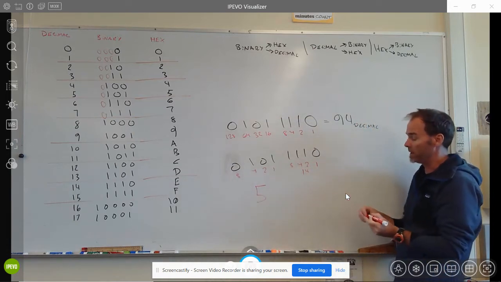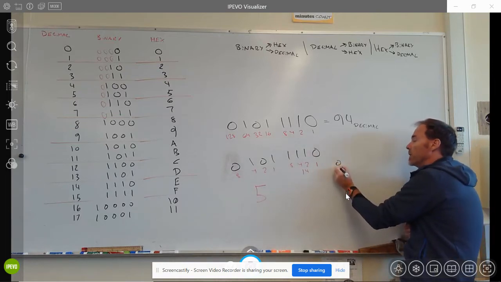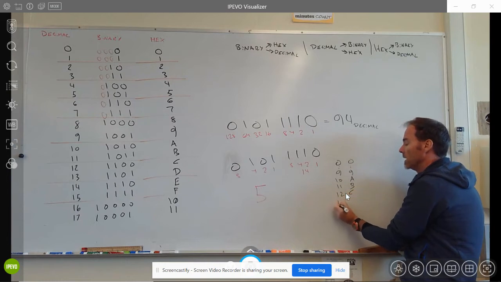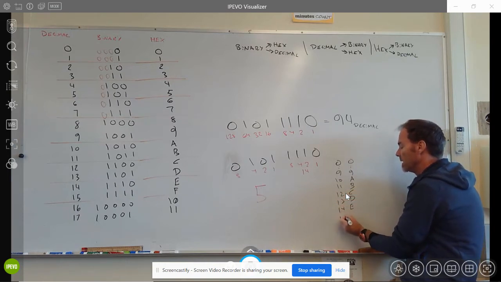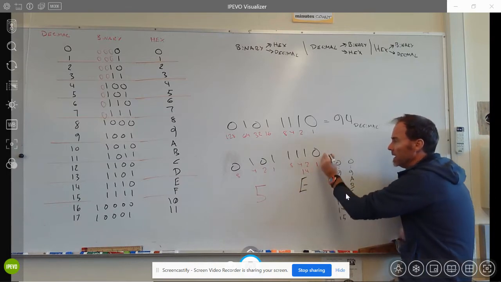Remember, in hex, 0 through 9 is 0 through 9. 10 is A, 11 B, 12 C, 13 D, 14 E, 15 F, so 5E.